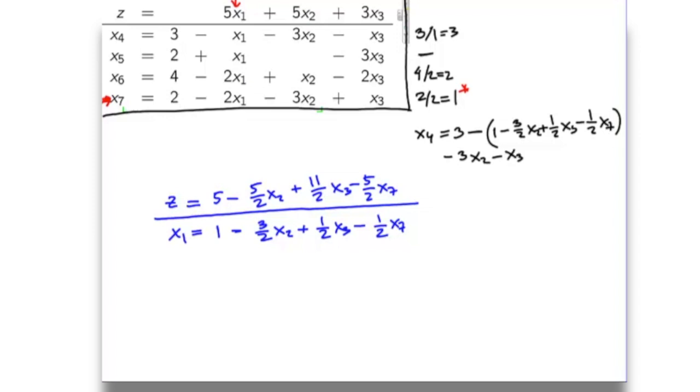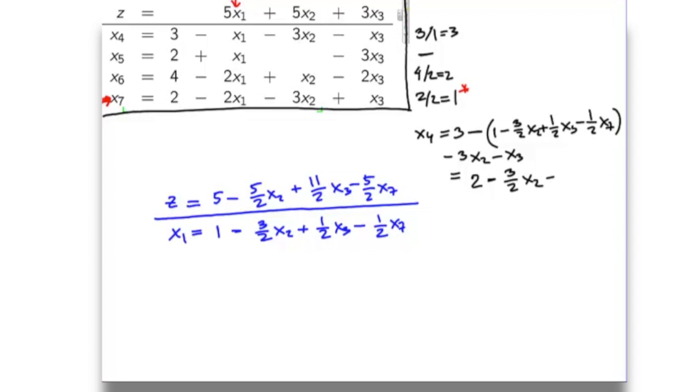Okay, so we have 2, and then the coefficient for x2 is 3/2, and then minus 3. So 3/2 minus 6/2 will be minus 3/2 x2. Then the coefficient for x3 is minus 1/2 from here and minus 1 from here.